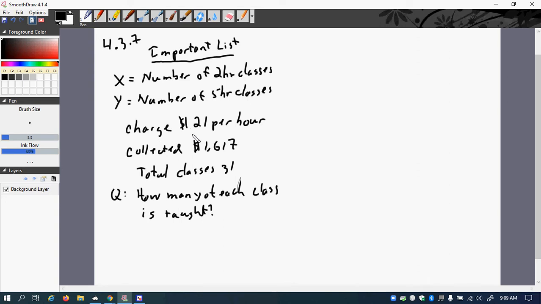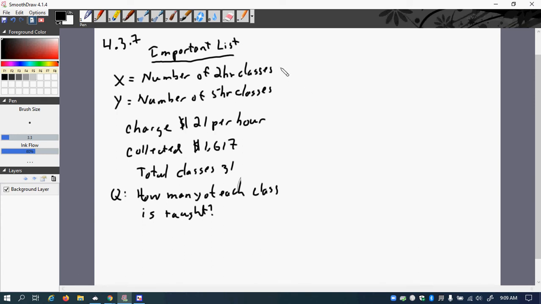So it's charging $21 per hour and collecting $1,617 for total classes of 31. My question is, how many of each class is taught? This is all the information. I don't need to use the word problem anymore. I've got what I need.